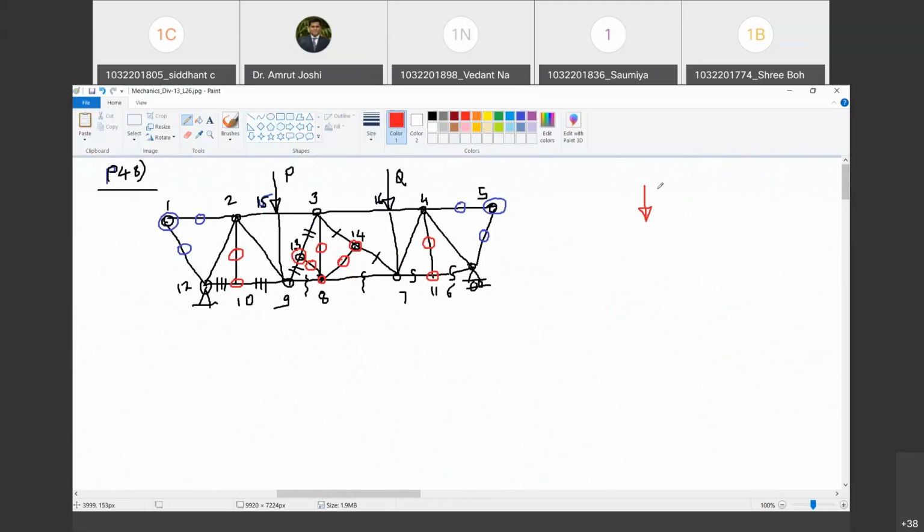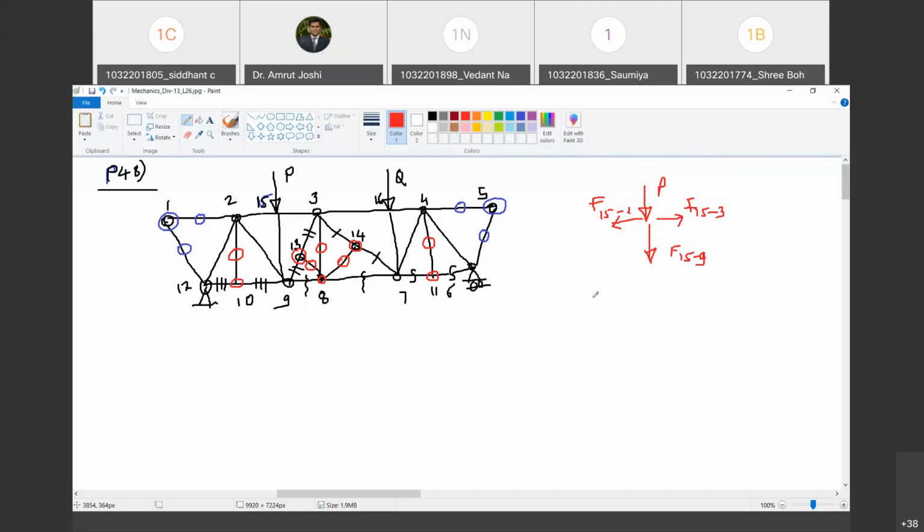It will have P, then the force in member 15-1, the force in member 15-2, then the force in member 15-3, and this vertical force is the force in member 15-9.